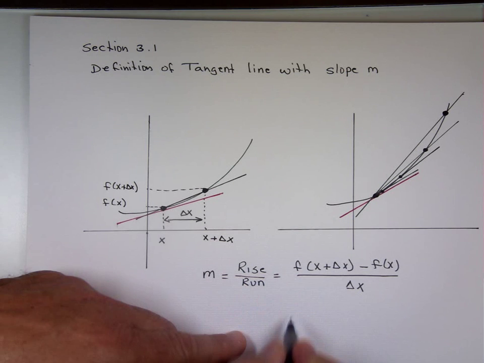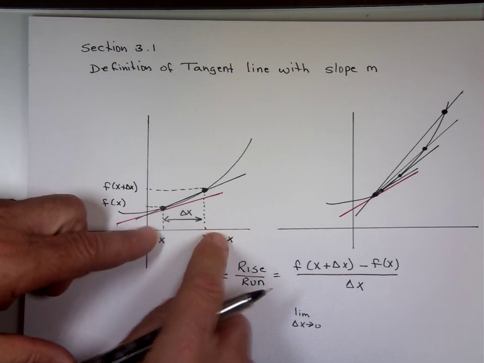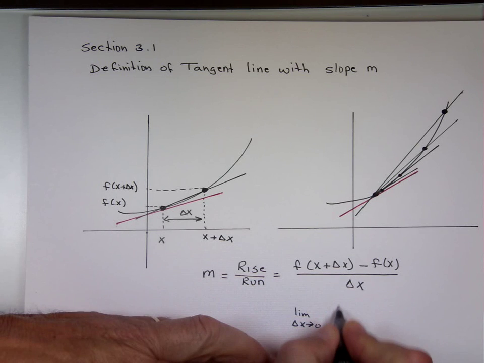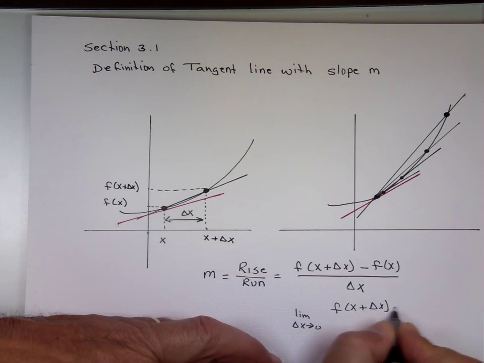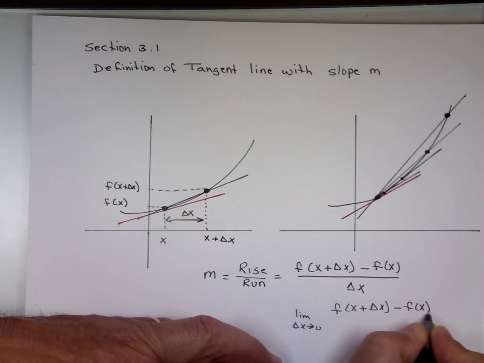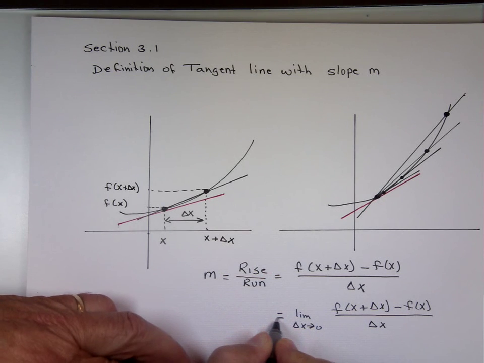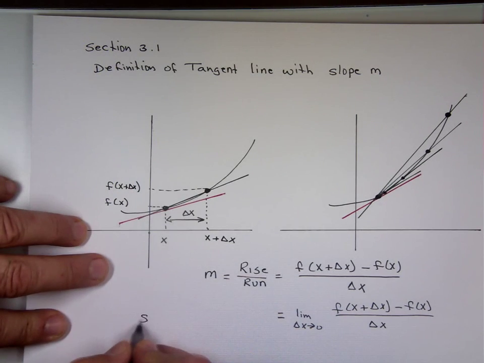You say that by typing the limit as delta x approaches 0. The gap between the 2 points, you want it to be almost 0. And that will give me the slope of the tangent line.